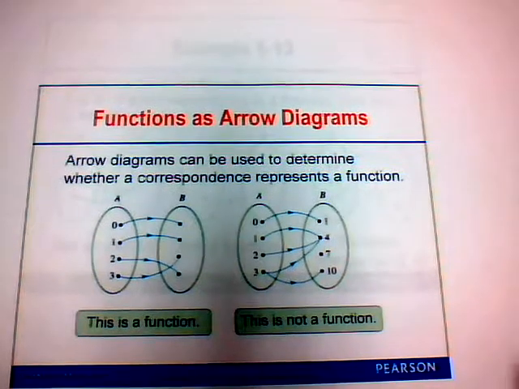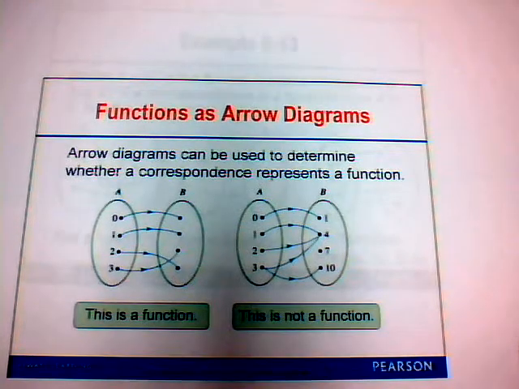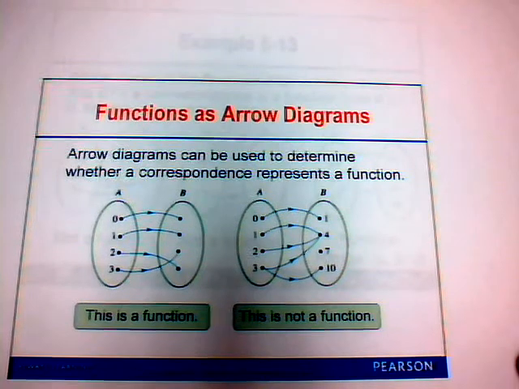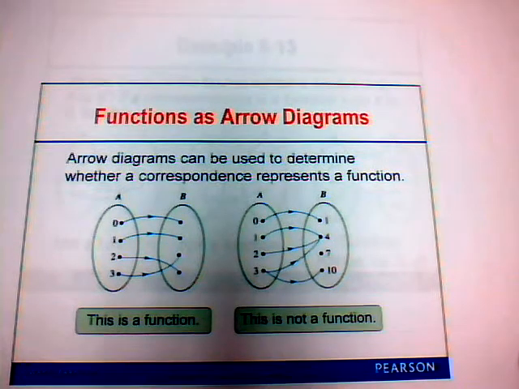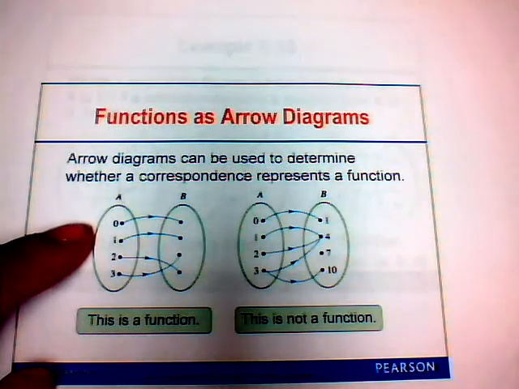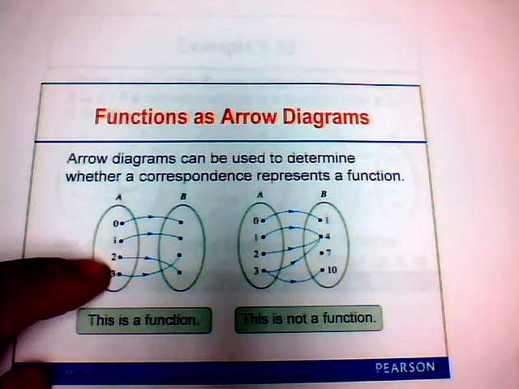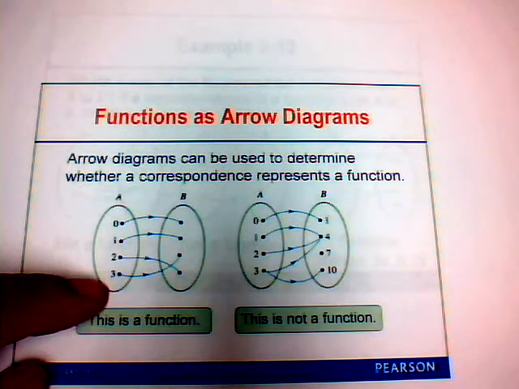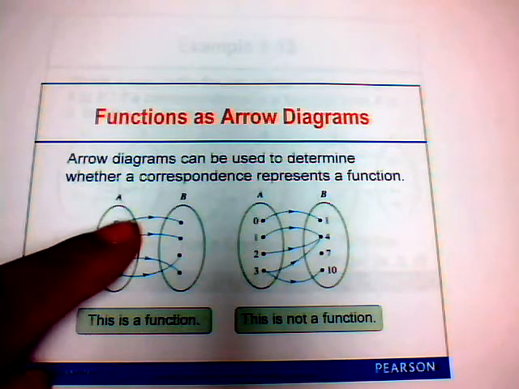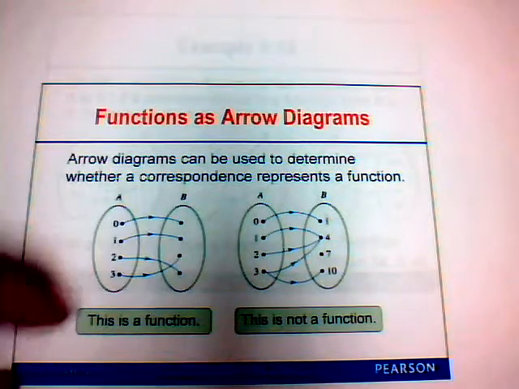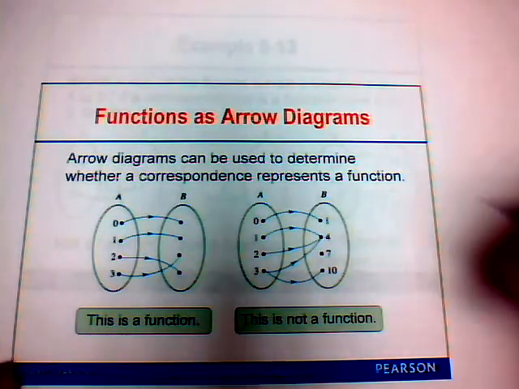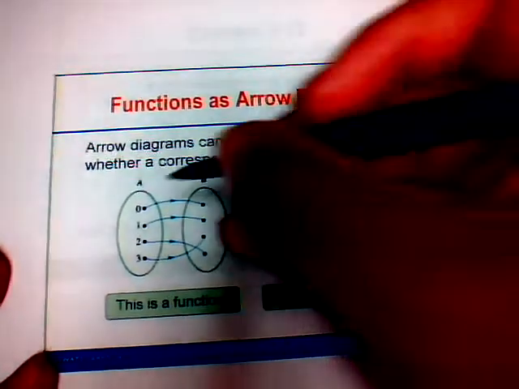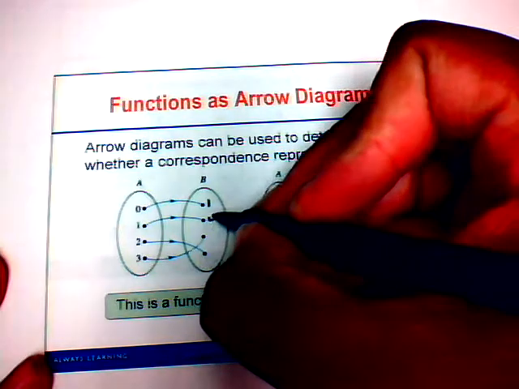We'll look at functions as arrow diagrams. Arrow diagrams can be used to determine whether a correspondence represents a function. On the left-hand side, you've got 0, 1, 2, and 3, and then each of those numbers is paired with a single dot. Let's say I put some numbers here like 1, 4, 7, and 10.